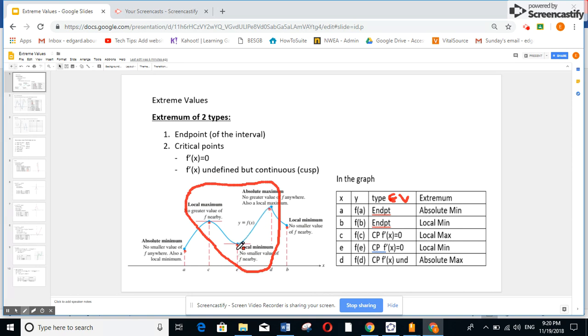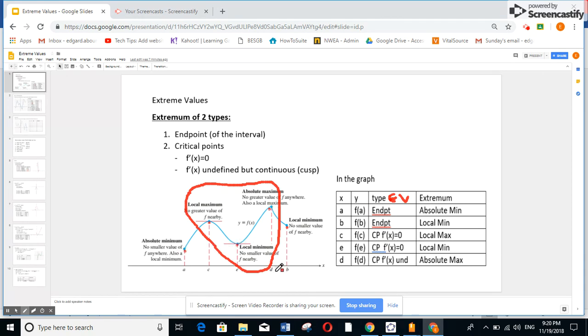At point E, it's also a critical point because it's inside the boundary. It's a vertex, so the derivative at this point is equal to zero. It is also a local min. It is not absolute because this point is less than this one. So this is absolute, this is local.